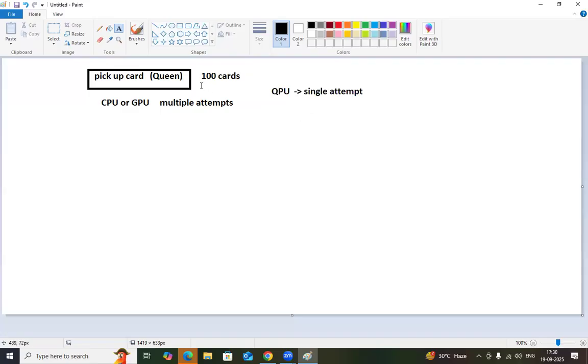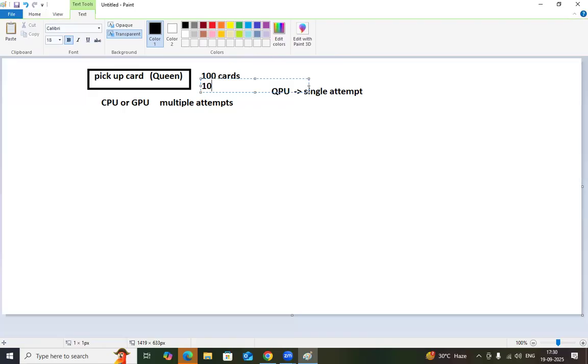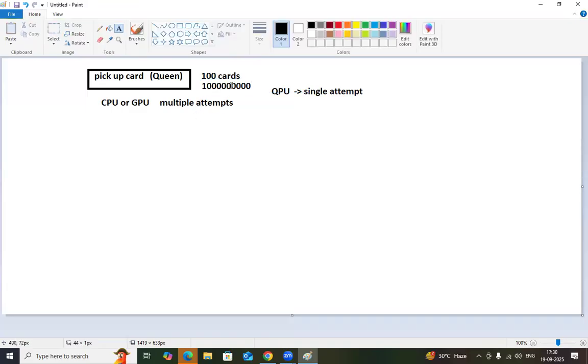If I increase the number of cards, the CPU or GPU needs to attempt that many times. But the QPU is not like that. Even if you give 1 trillion cards, the QPU can pick up the card in a single attempt. That is the power of quantum computing.